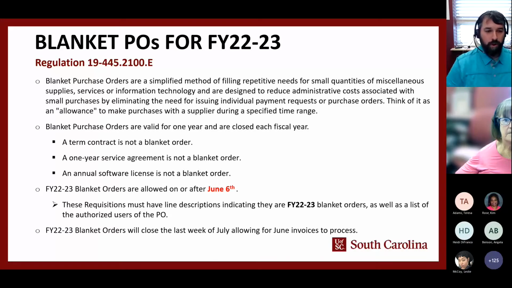In relation to upcoming events, for fiscal 22 and 23, the next fiscal year blanket orders, we're going to allow them to be entered on or after June the 6th. And that is a Monday in a couple weeks. So if you already know that you're going to do a blanket order or several because you do them every year, June 6th is going to be your start date for putting those in.